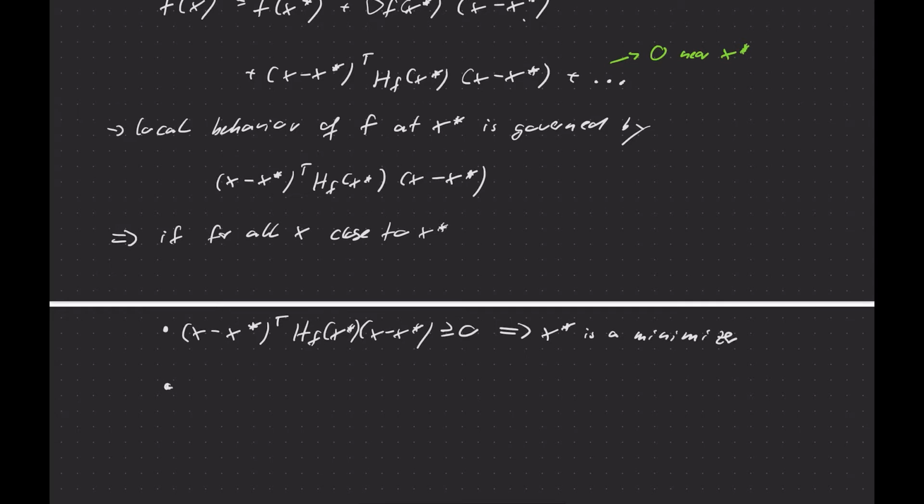And on the other hand, if that expression is less or equal to 0, then x star is a maximizer.